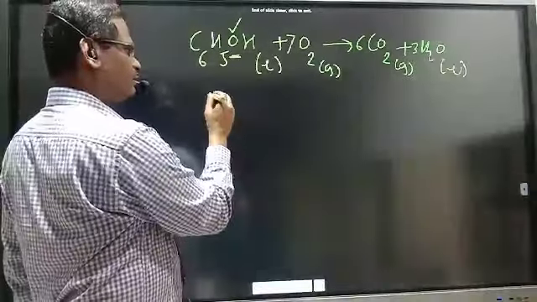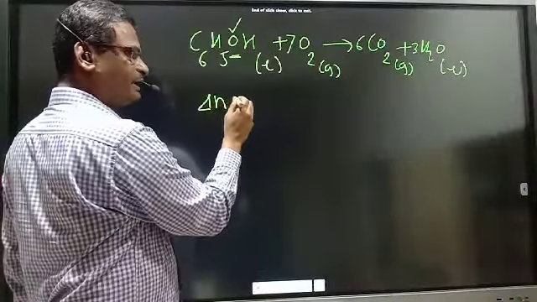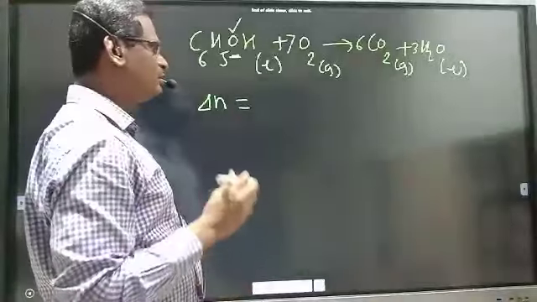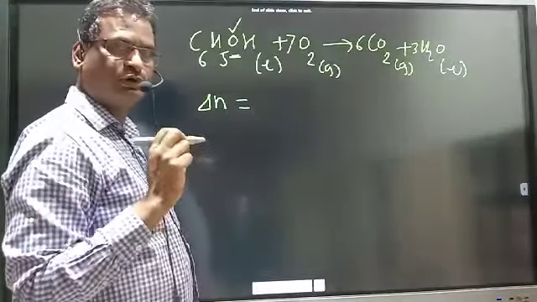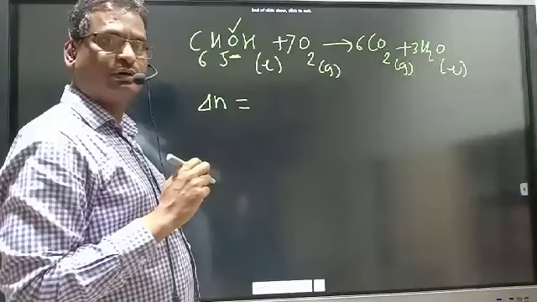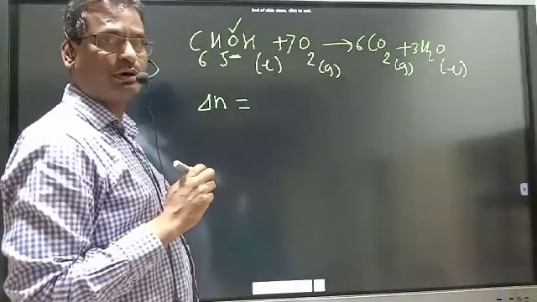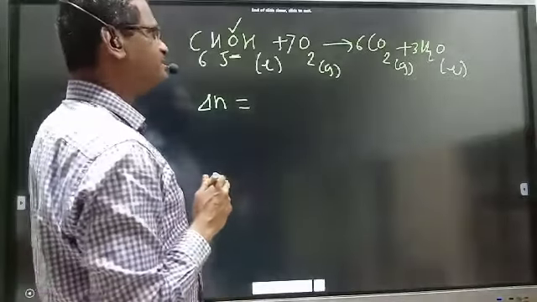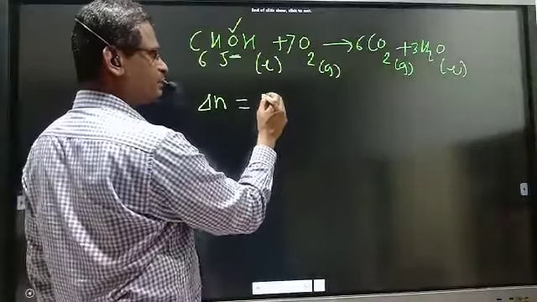To calculate the value of delta N, which is the change in number of moles, it is the change in number of moles during conversion of reactant to the product. Here only gaseous state reactant and gaseous state product are used.